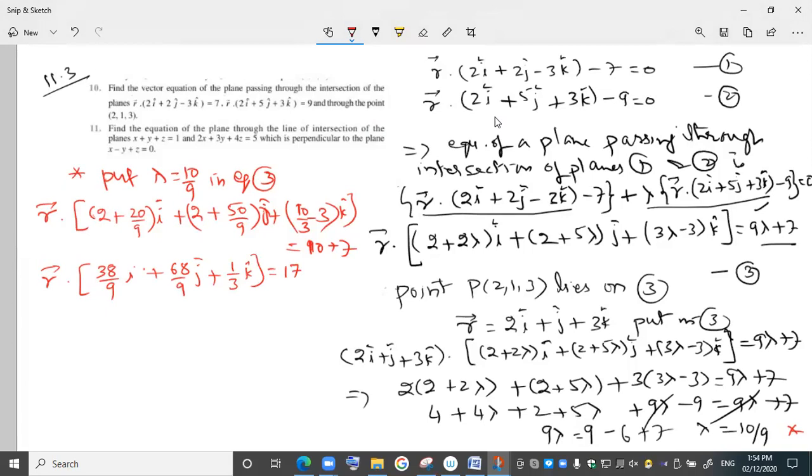And we can take the LCM 9, and 9 will bring on right hand side. So the final answer will be 38 i cap plus 68 j cap plus 3 k cap is equal to 17 nines are 153.